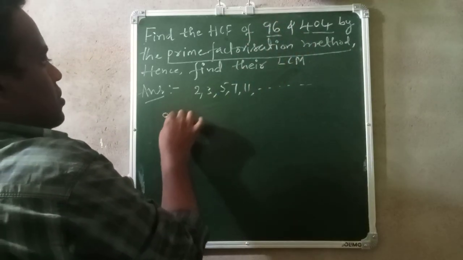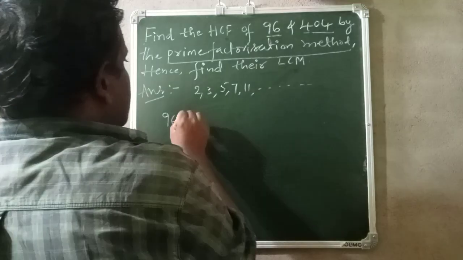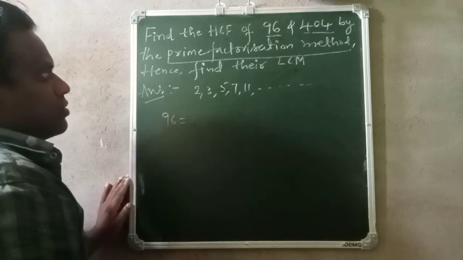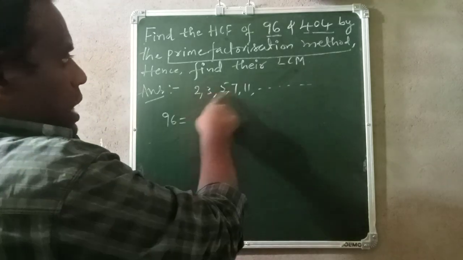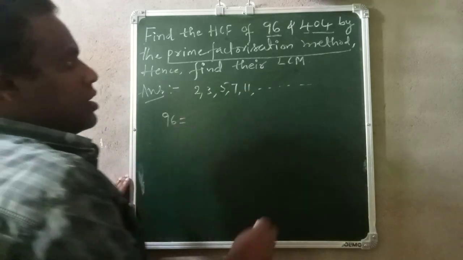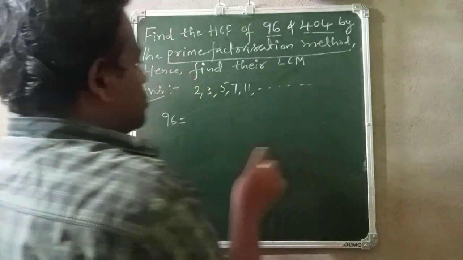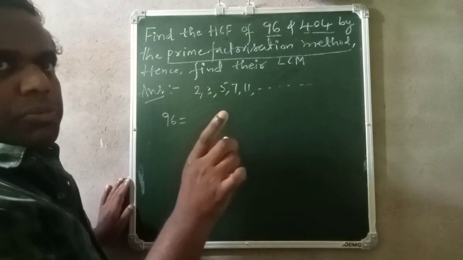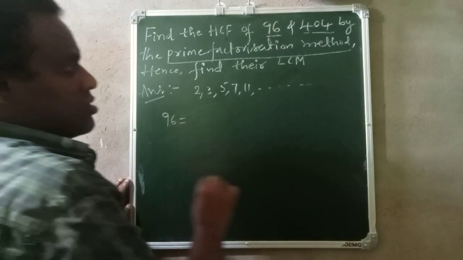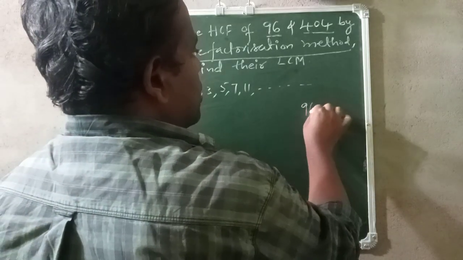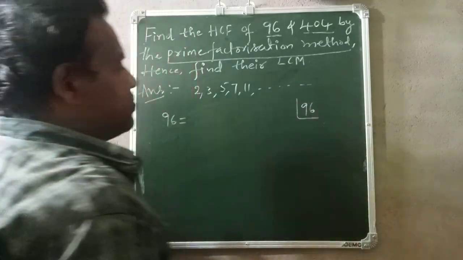Take 96. We have to write 96 as a product of prime numbers. For that we can find the prime numbers by dividing 96. So first write 96 like this.